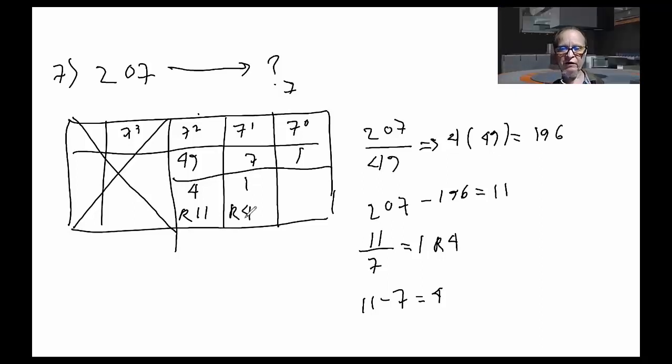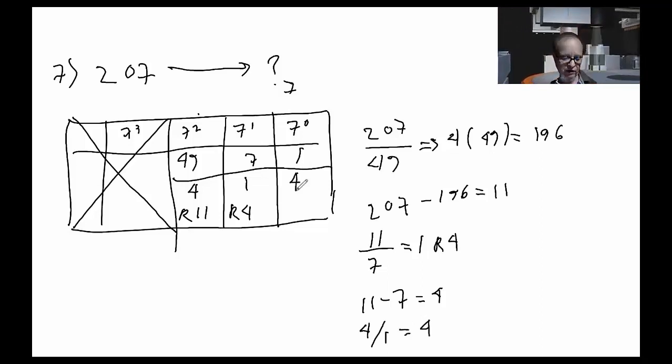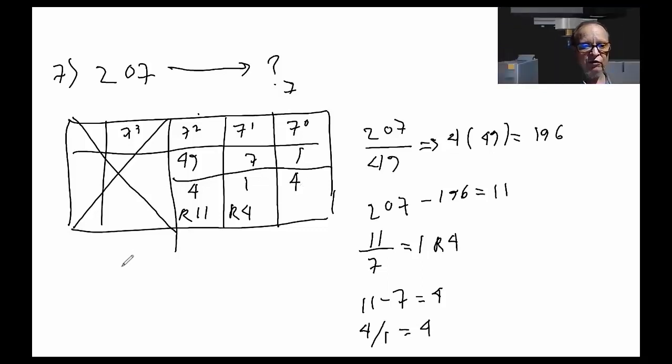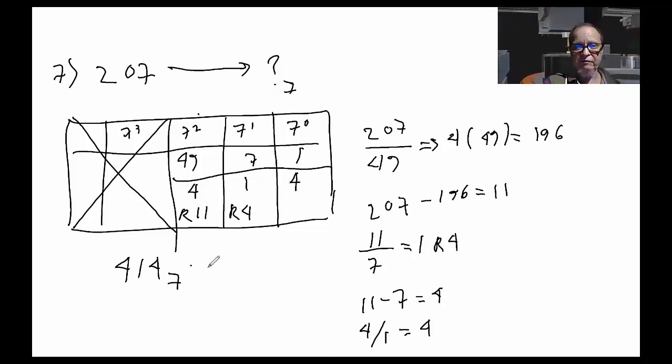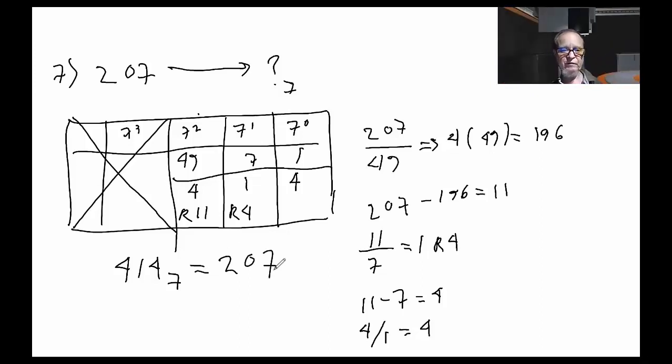And then finally, we have 4, and 4 divided by 1 is equal to 4. So this is just 4 without any remainder. So now we have as our answer 414 base 7, which is the same thing as 207 in our system, which is base 10.